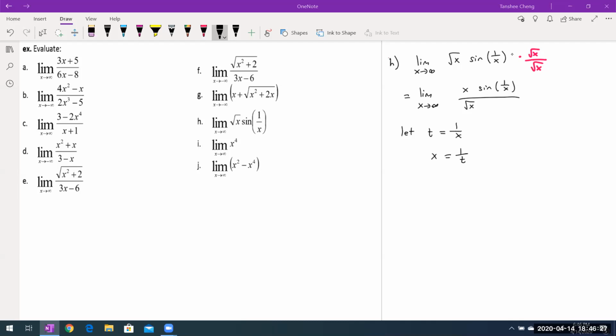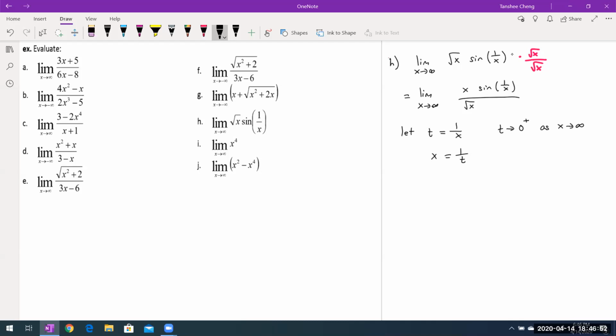So we know that t is equal to 1 over x. So in this case, t will be approaching 0 from the positive side as x approaches infinity. Because think about it, as x goes to infinity, 1 over a very large number will become what?